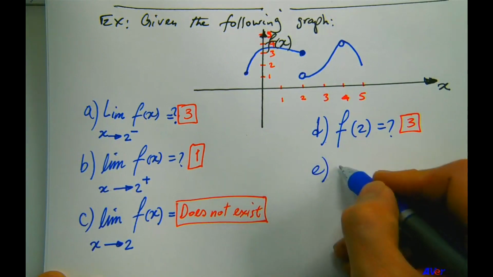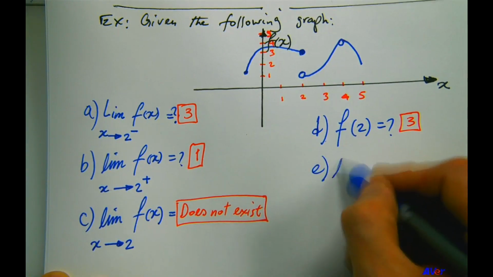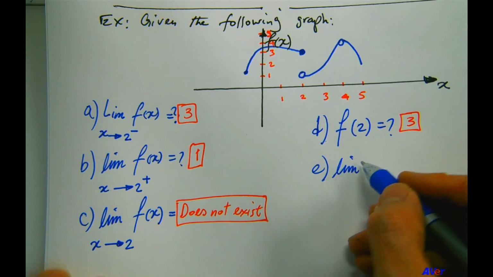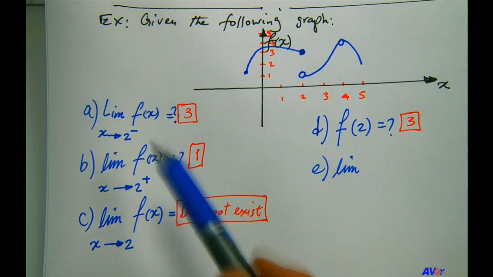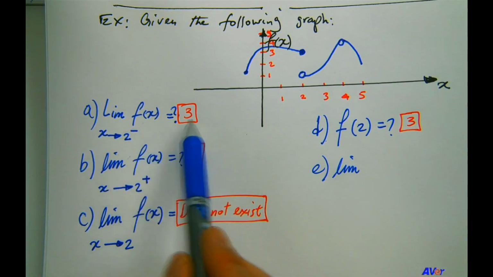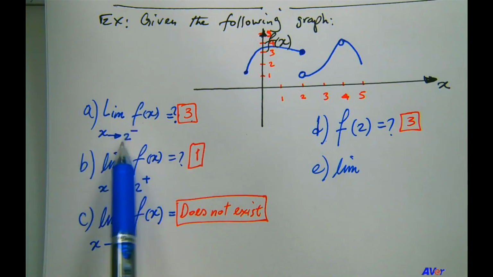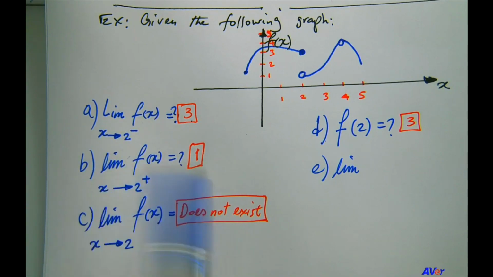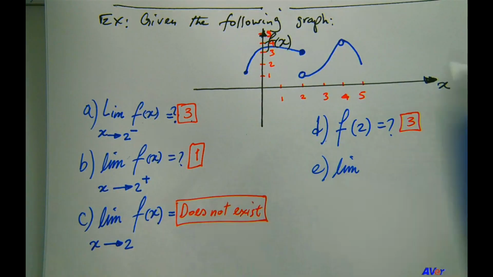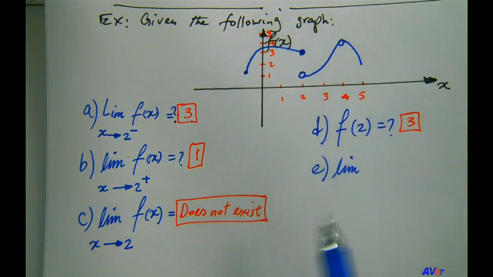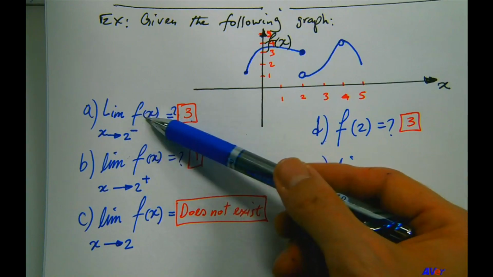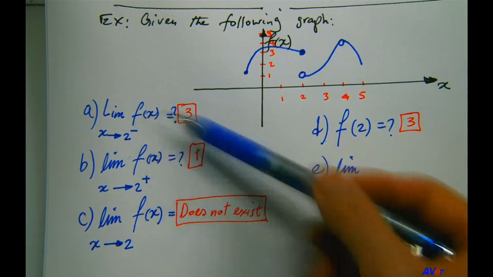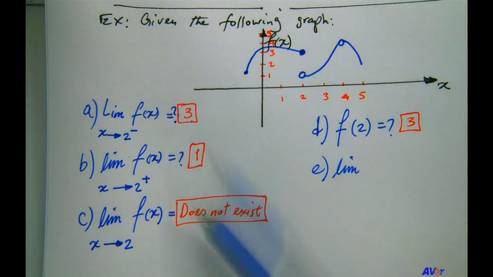So E, notice these limits that exist are one-sided limits. The one-sided limit from the left and the one-sided limit from the right do exist. But for the entire function to have a limit, the one-sided limits must be equal to each other, and that's not happening.